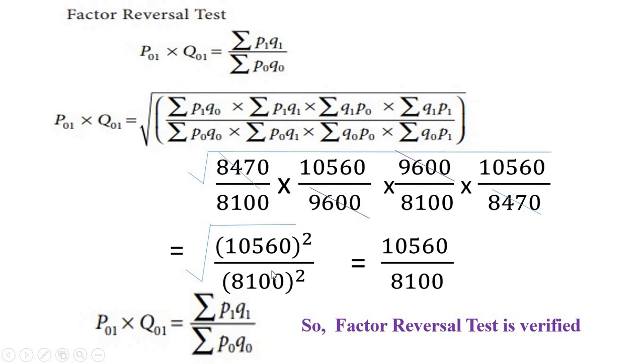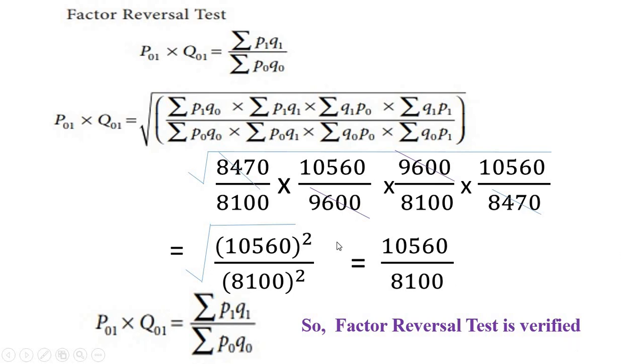Twice is a square, down also twice is a square. Square root and square will be cancelled. We get this value equivalent to summation P1 Q1 over summation P0 Q0. So the factor reversal test is verified.